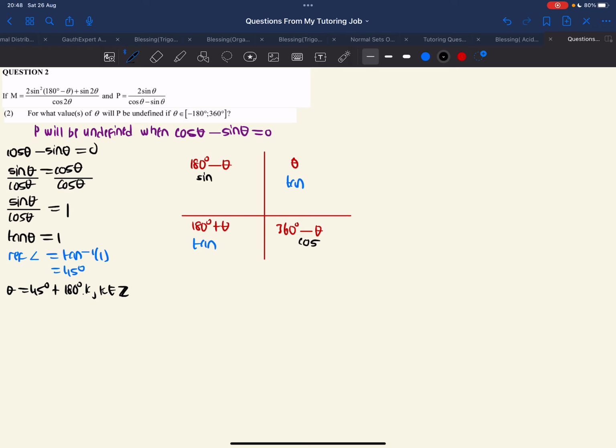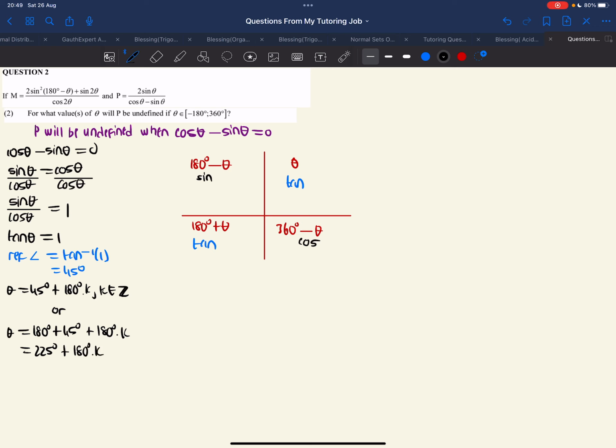All right, and then we're going to say also, or, theta equals 180 plus 45 degrees plus 180 times k. If you do that, 180 plus 45 gives you 225 plus 180 times k.